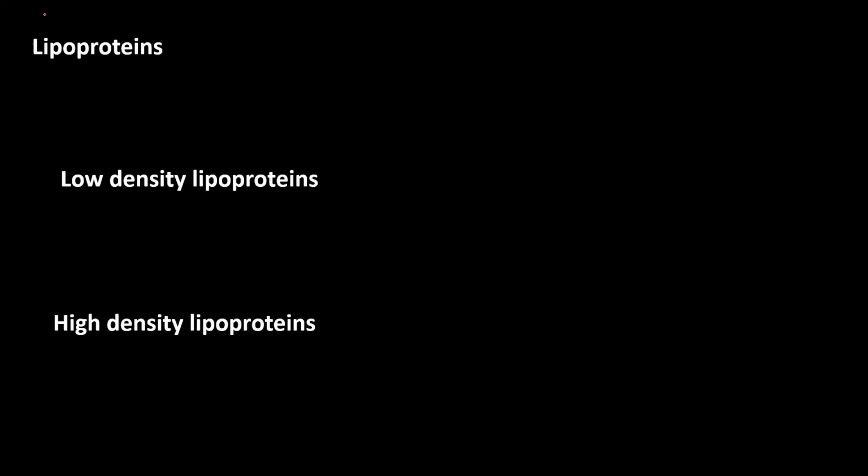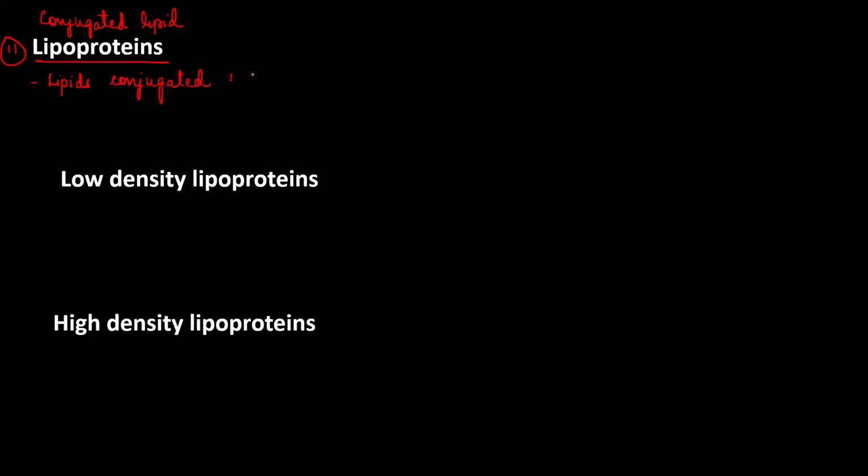The second example of the conjugated lipid is lipoproteins. Now, what are lipoproteins? As the name suggests, these are lipids that are conjugated with proteins.